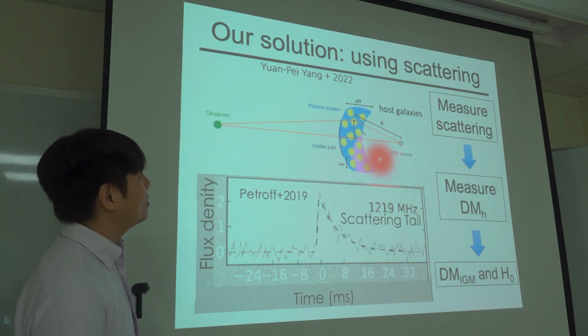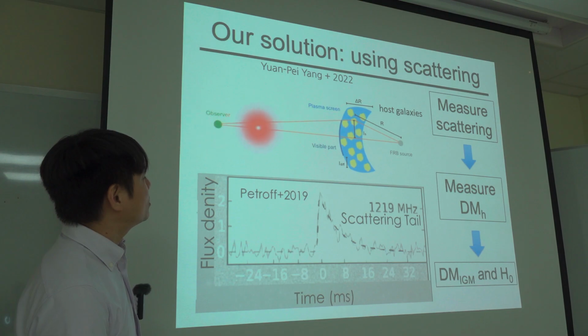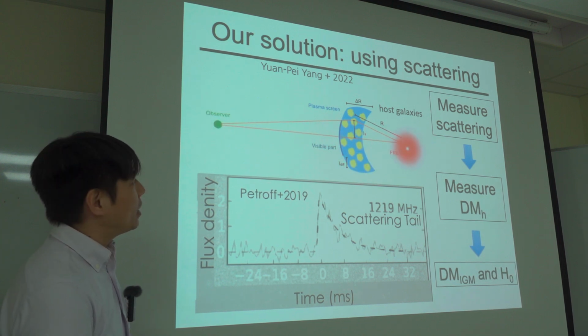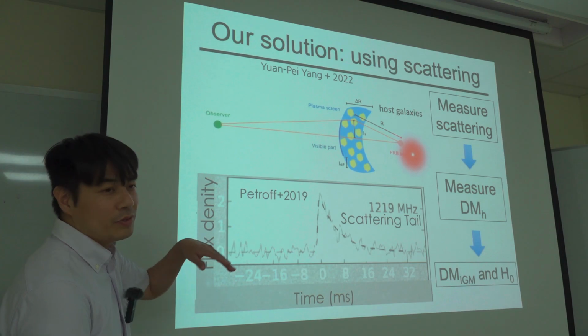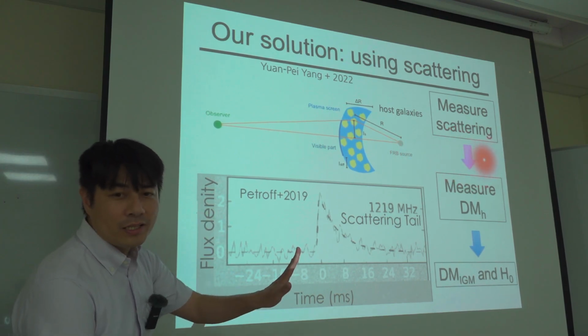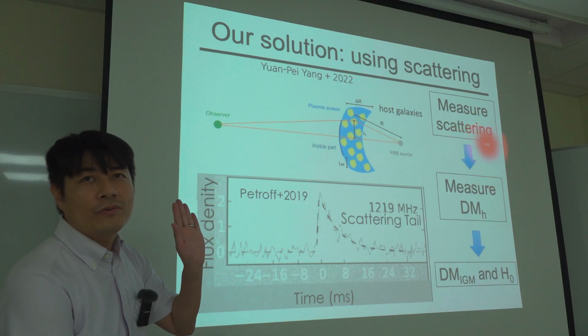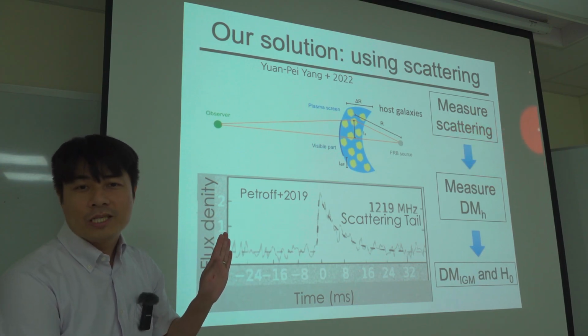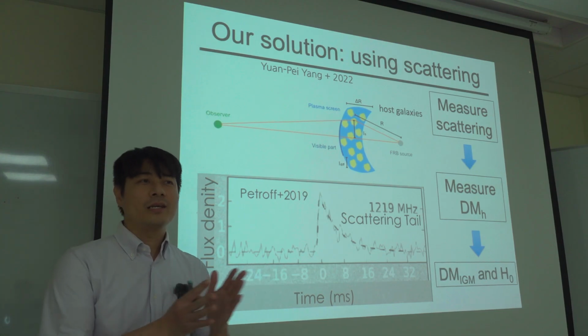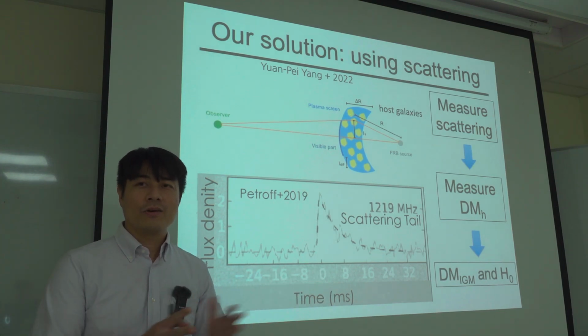Then the first one is straightforward. That means for a given frequency, let's say, forget about the different frequencies, that's another story, right? Let's say for the same frequency, okay? Then we can forget about the dispersion measure. The time delay of the first kind happens between different frequencies, okay?